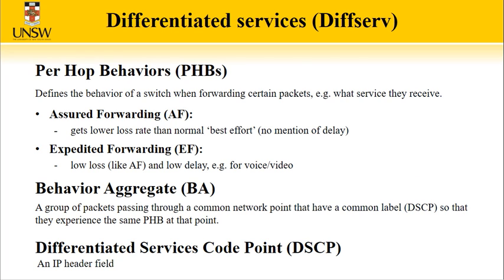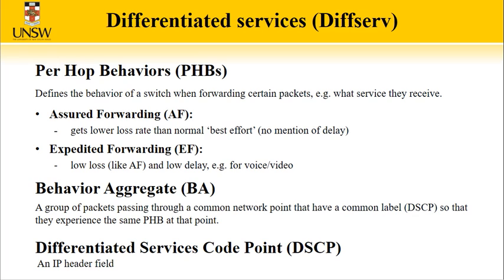Differentiated services are designed for classifying and managing network traffic and providing quality of service. Its routers implement per-hop behaviors, which define the behavior of a switch when forwarding packets. One behavior is assured forwarding, giving assurance of delivery, and the other one is expedited forwarding, dedicated to low-loss, low-delay traffic.